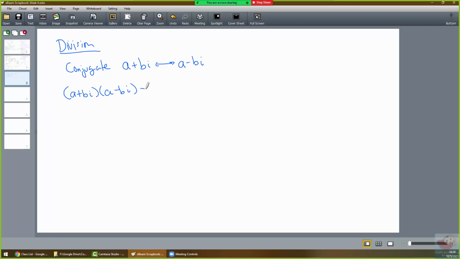Notice first gives you a squared, outer gives you minus abi, inner gives you plus abi. And be careful of this last part. Last gives you minus, because it's plus times minus. b times b makes b squared. i times i makes i squared.